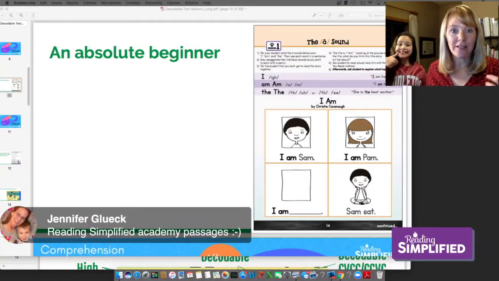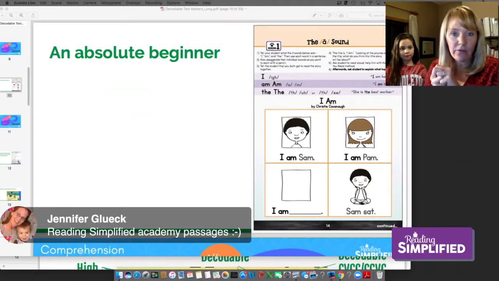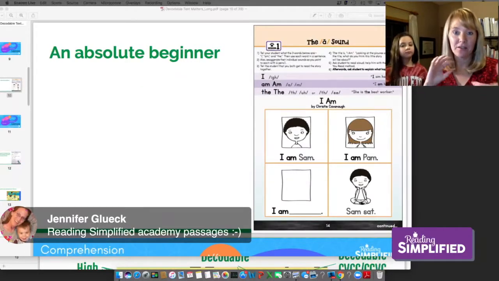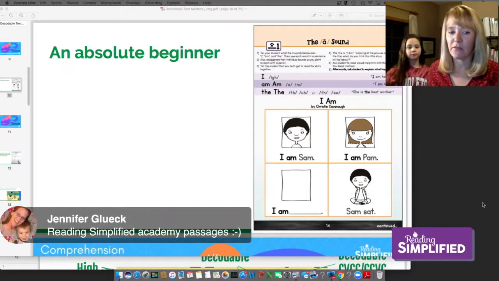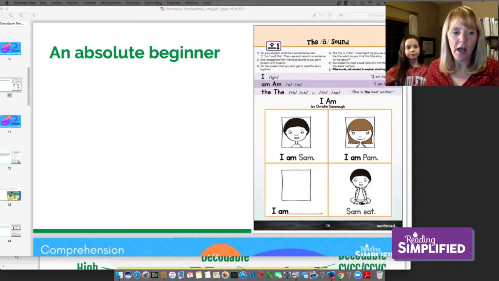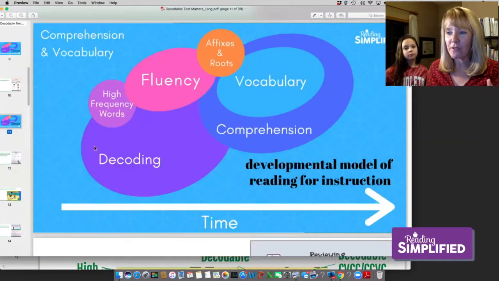That is our membership where I teach the whole Reading Simplified system and how you can have just a handful of activities that can get kids to learn how to read, and then we provide the passages that link with the particular things you're teaching at various times. So this would be an example of an absolute beginner, someone who is really in this purple stage early on, just getting started.